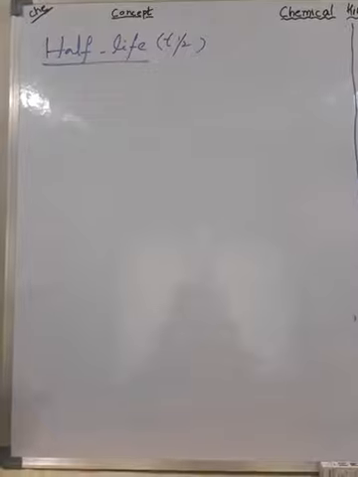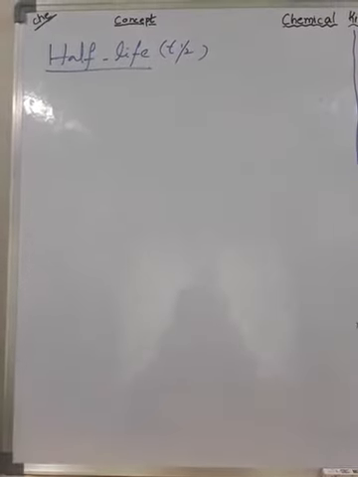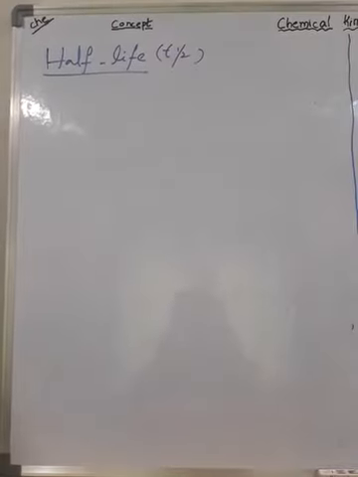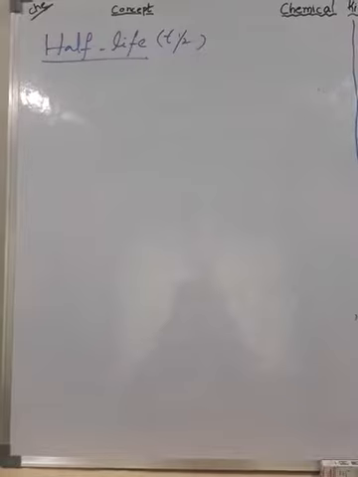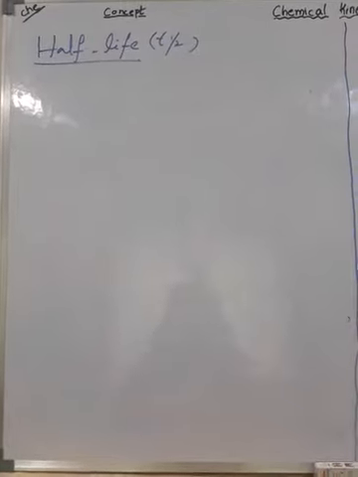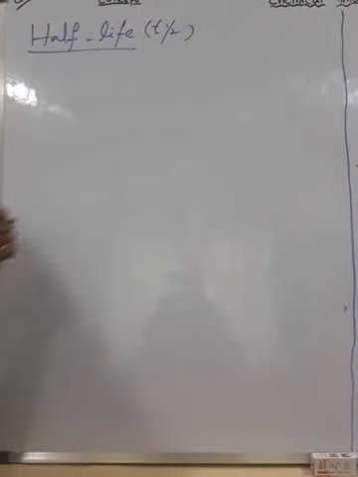That is called the half-life of the reaction. The exact definition is: half-life of the reaction is the time in which the concentration of reactant is reduced to half of its initial concentration.